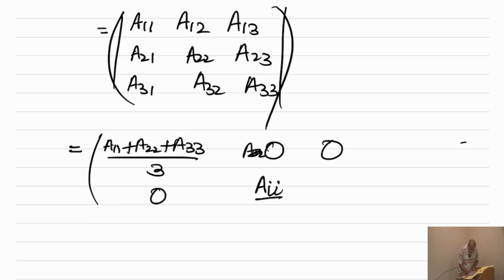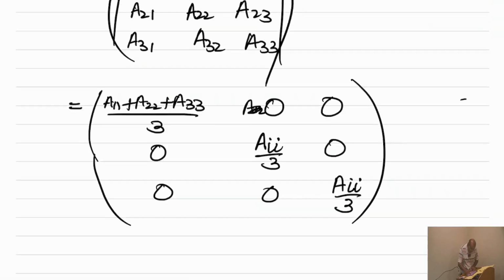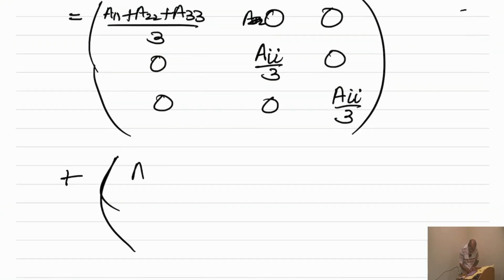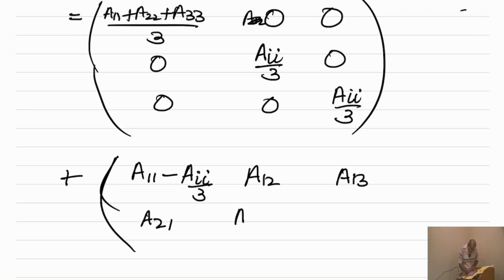Now I will use the notation Aii by 3 on the diagonal, plus a second matrix with entries A11 minus Aii by 3, A12, A13, A21, A22 minus Aii by 3, A23, A31, A32, and so on.